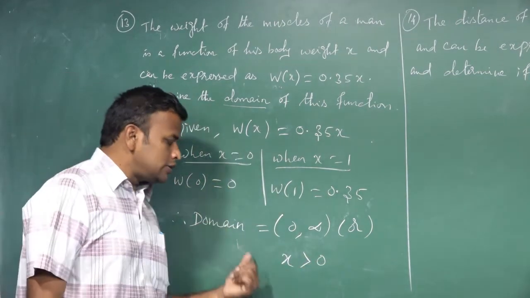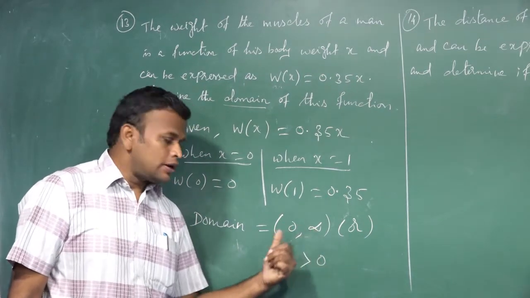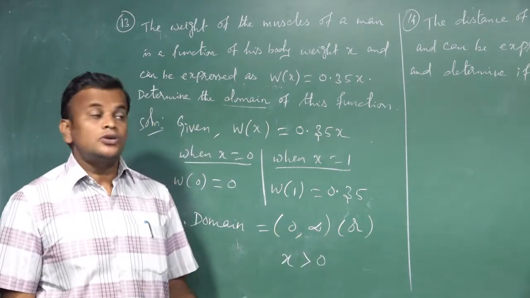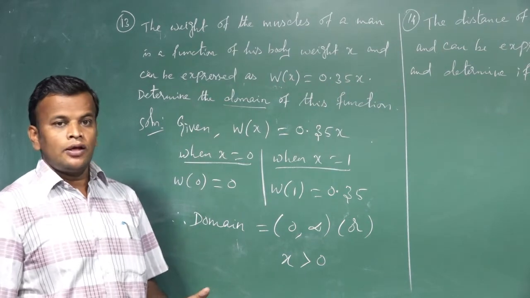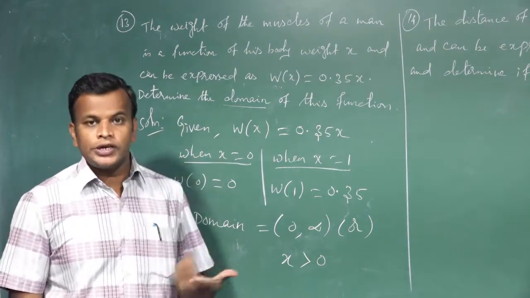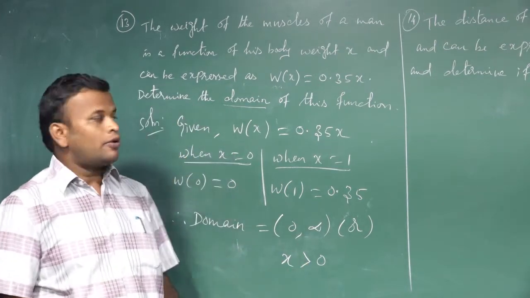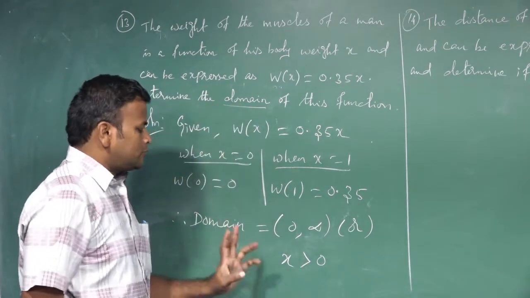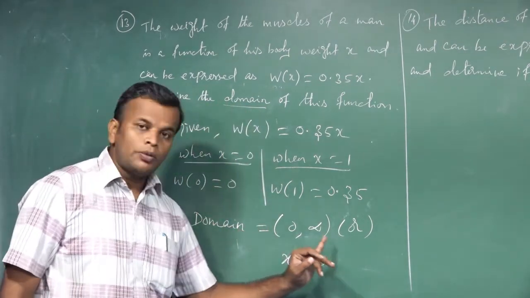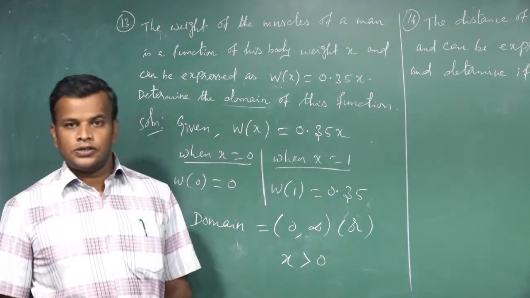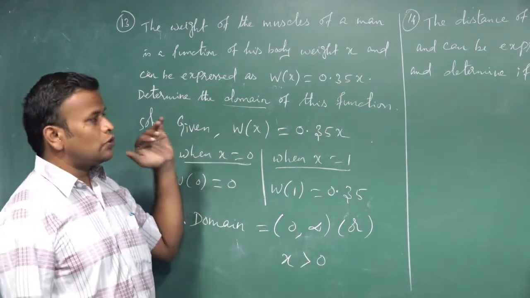It's not exactly equal to 0, because at least we have some weight. Our question is to find the domain only. So the domain is either the open interval 0, infinity, or x greater than 0. So this is the answer to this question.